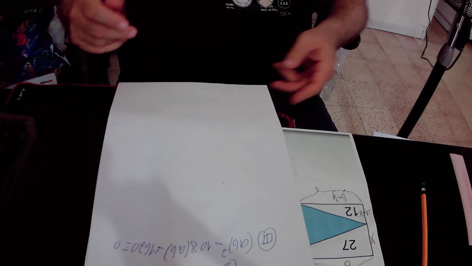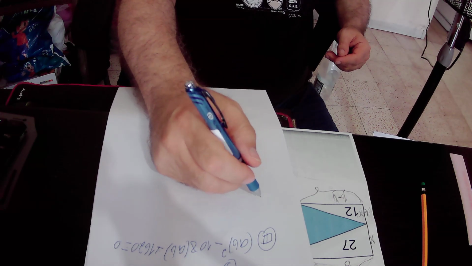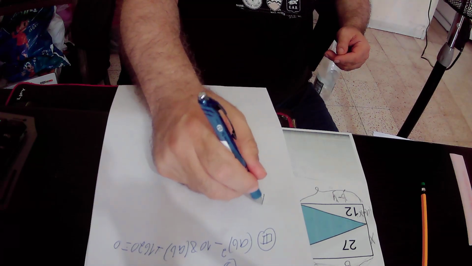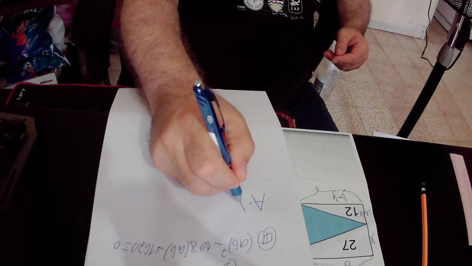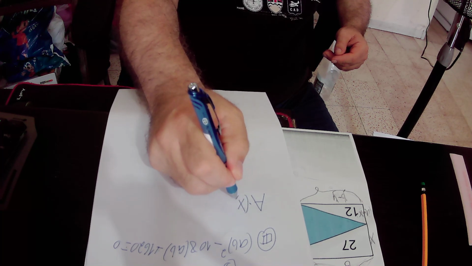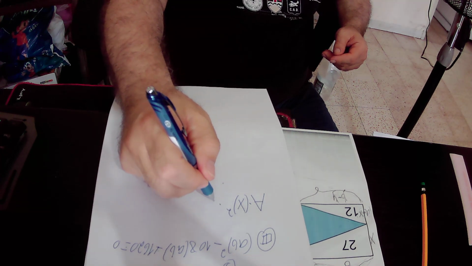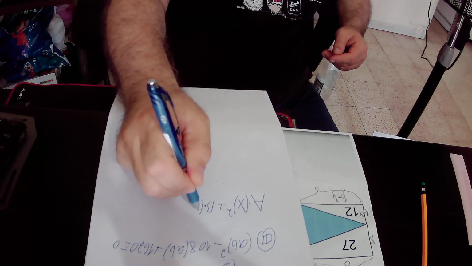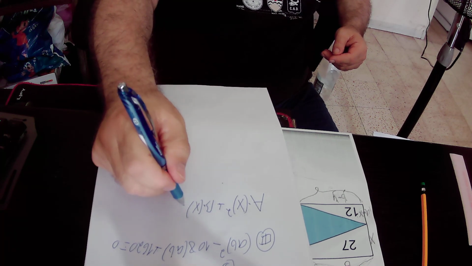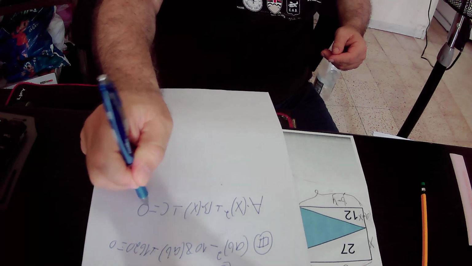And the general form of a quadratic equation is a times x squared plus b times x plus c equals 0.